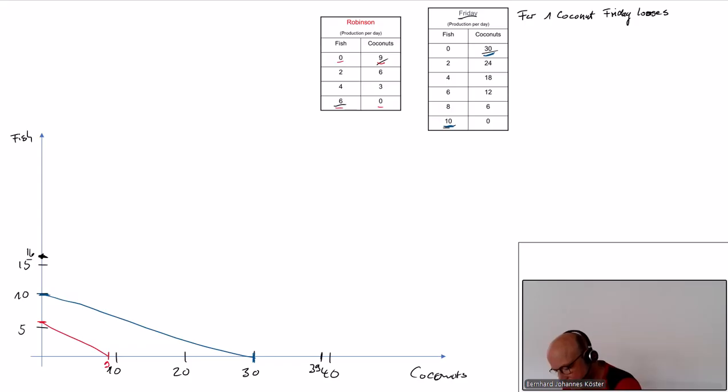So he starts, let's say, from this production point, and now he is increasing from 0 to 1. By which amount is then the fish decreased? By 2. So this would mean when I'm reducing the fish production as Friday by 2, then I can pick up 6 coconuts. But I want only 1 additional coconut.